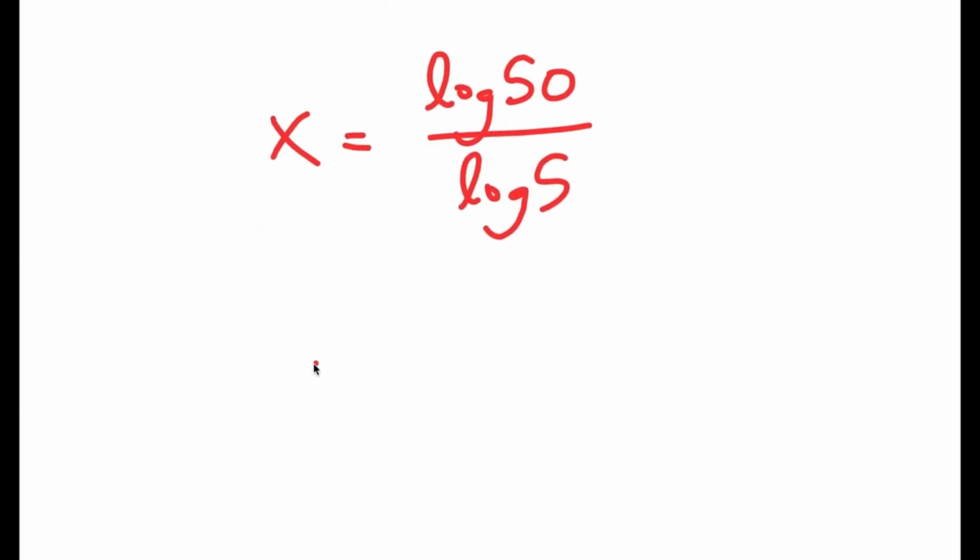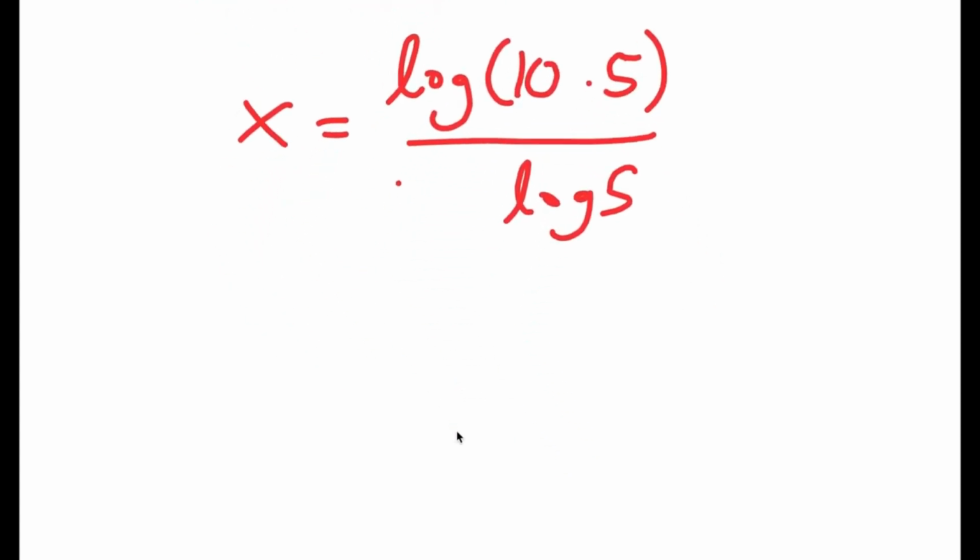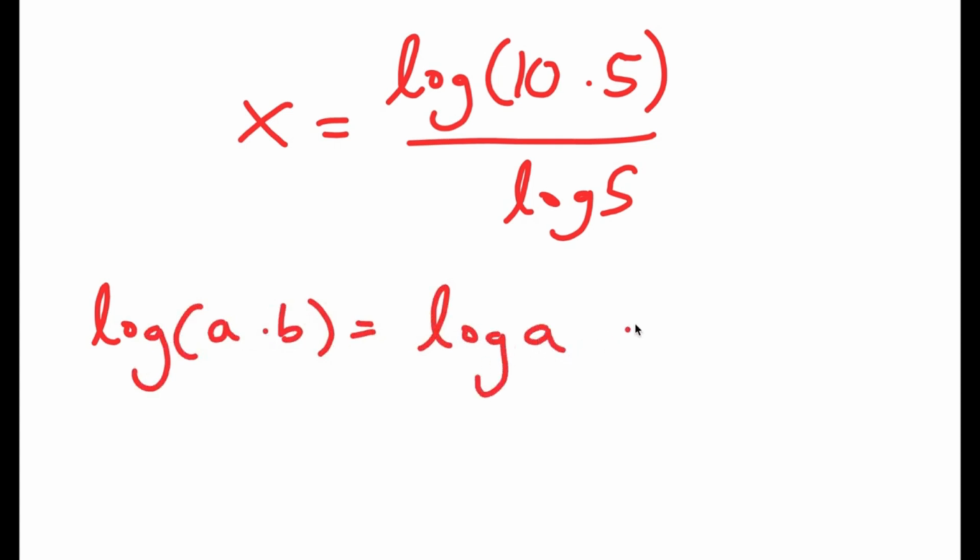So log 50 is the same thing as log of 10 times 5. And another property of logarithms is that if I have something in the form log of a times b, this is equal to log a plus log b.